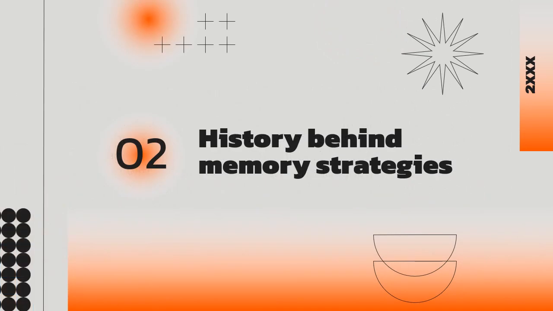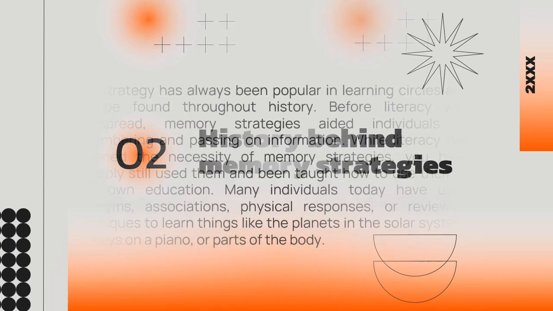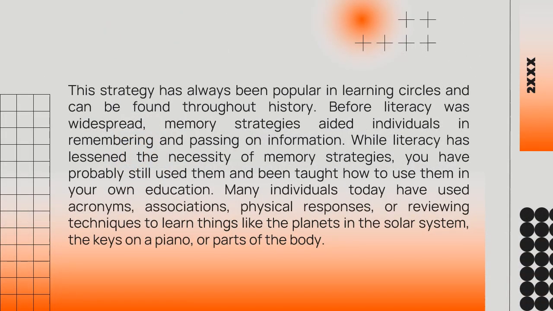The second one is the story behind memory strategies. This strategy has always been popular in learning circles and can be found throughout history. Before literacy was widespread, memory strategies aided individuals in remembering and passing on information.